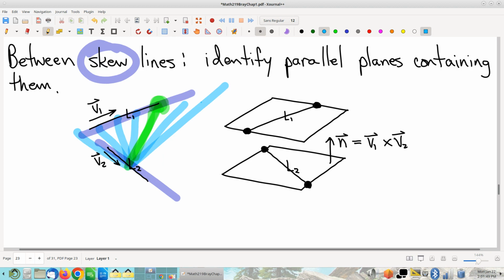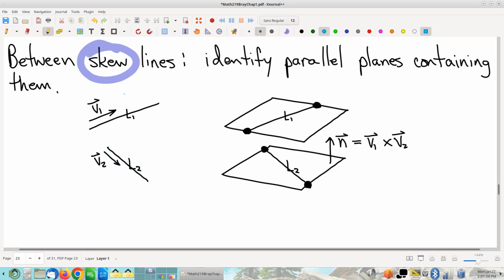So you've got to consider all possible points on the one line and also all possible points on the other line. It's a hard question at a quick glance.